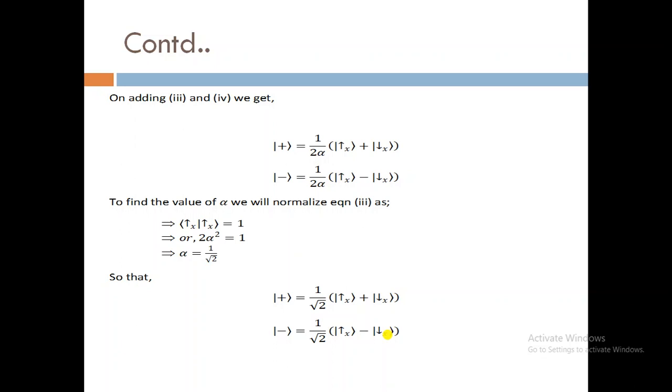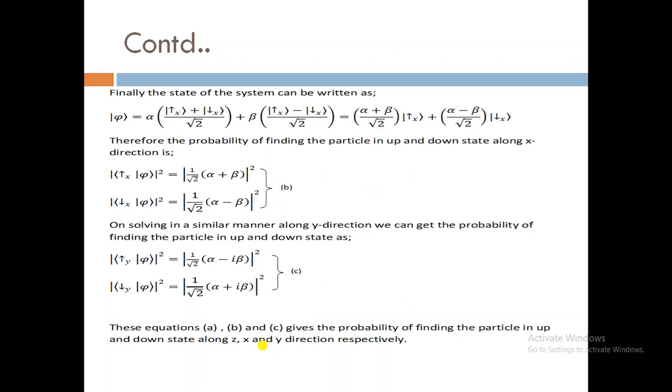At last, according to superposition of states, or the first postulate of quantum mechanics, we can write psi equal to alpha plus ket plus beta minus ket. Finally the state of the system can be written as psi equal to alpha plus ket plus beta minus ket.